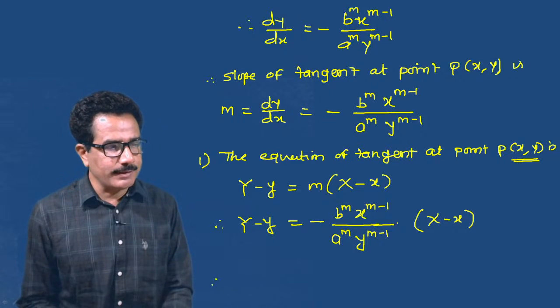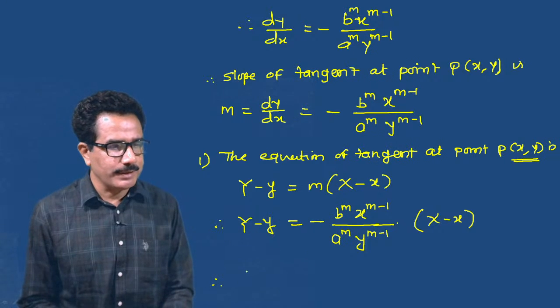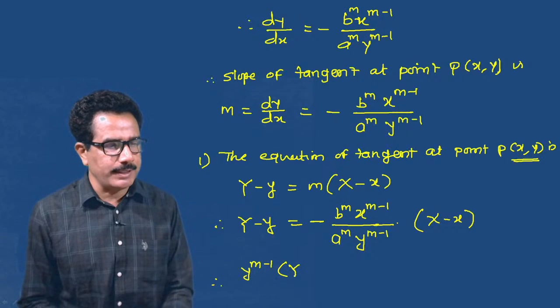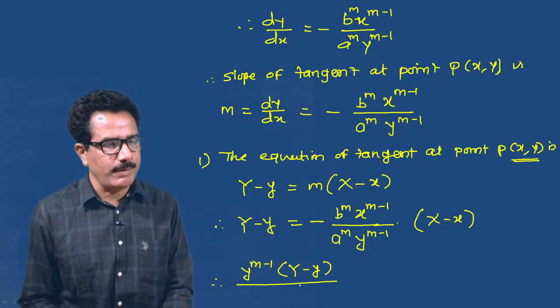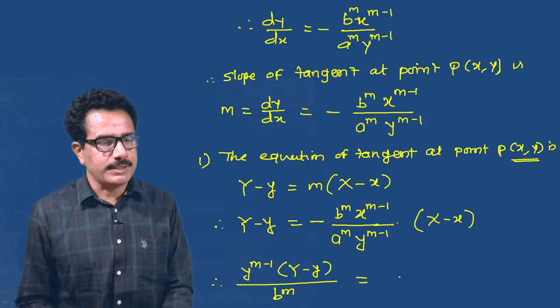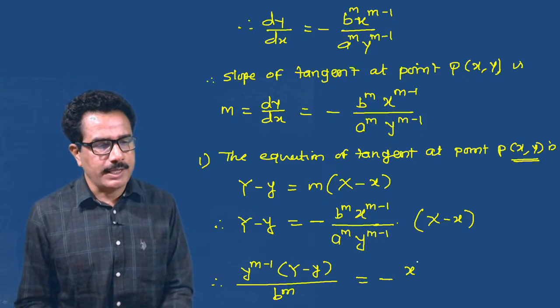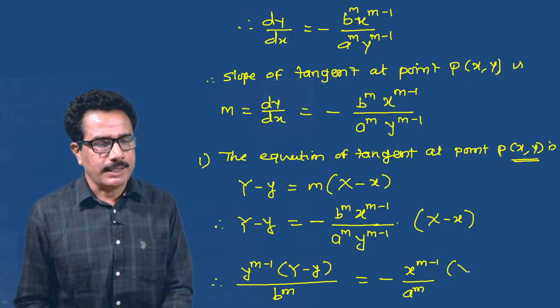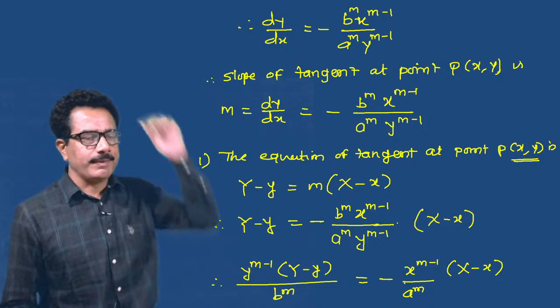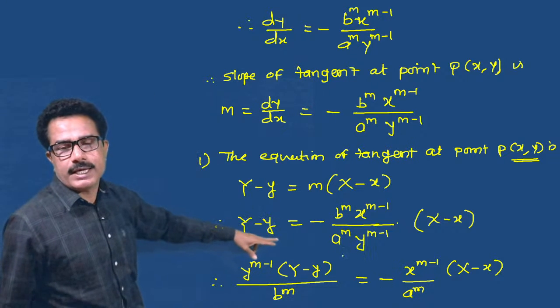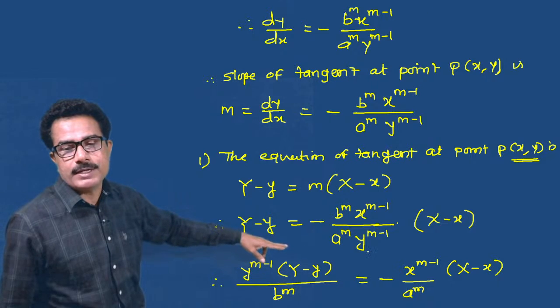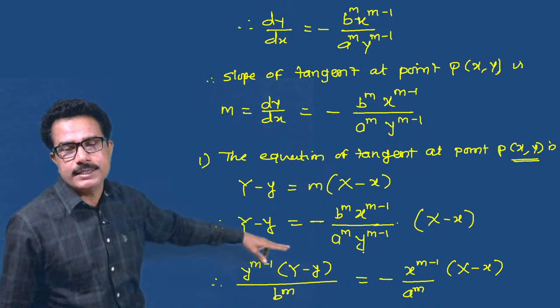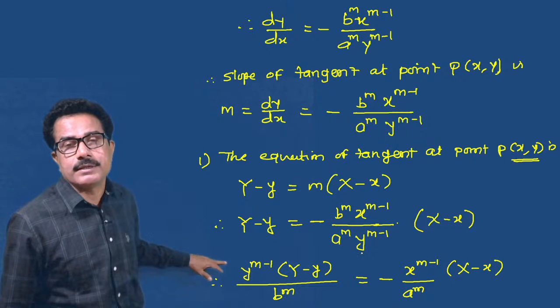So we get, अभी इसको हम इस तरह से लिख सकते हैं, क्रॉस मल्टीप्लीकेशन करो, y raised to m minus 1 in a bracket capital Y minus small y divided by b raised to m is equals to minus x raised to m minus 1 upon a raised to m into (capital X minus small x). Okay, so we have done cross multiplication here. Cross multiplication means y raised to m minus 1, which is in the denominator of the right side, so it is in the multiplication.